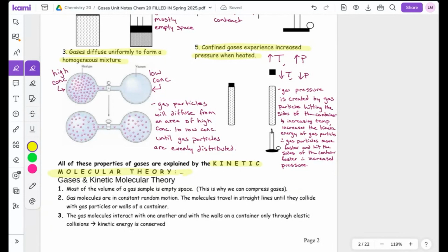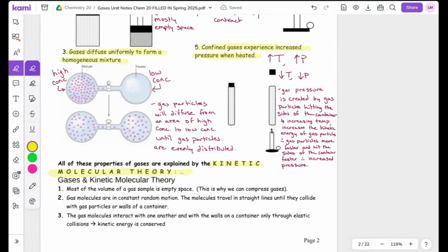With statement number 2, gas molecules are in constant random motion. The only time they wouldn't be in motion is if they were at absolute 0, and absolute 0 just means you're at 0 Kelvin, which is negative 273.15 degrees Celsius, a pretty hard temperature to reach.